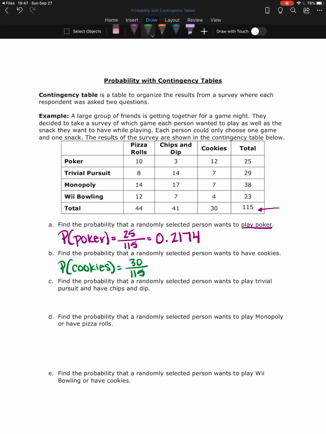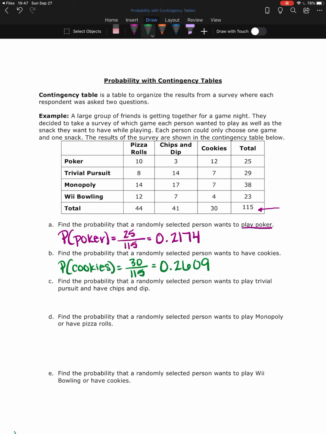And there were 115 people invited to this game night. And that's 0.2609. So the probability that someone wanted cookies is 0.2609, or roughly 26% of the people voted for cookies.